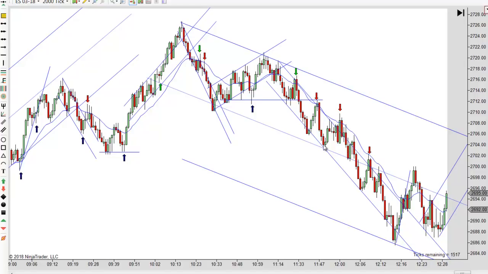This one was right into that double bottom, so I really thought we should have taken off by then. But you got a new high, pull back first entry, pull back second entry. But again, it's down here at this low, and at that point, this is looking like the channel here.